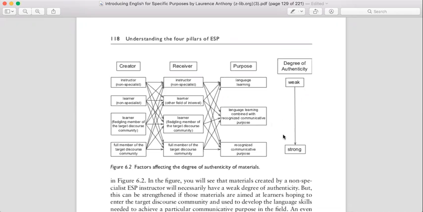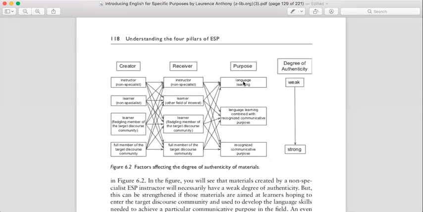Still, this is not the strongest kind of authentic sample, right? But a better one. So what the strongest authentic sample is, is one created by a full member of the target discourse community, that is the one who is actually living there. Full members of the target discourse community are the receivers, people who need the language for actual purposes, and this is recognized communicative purpose.